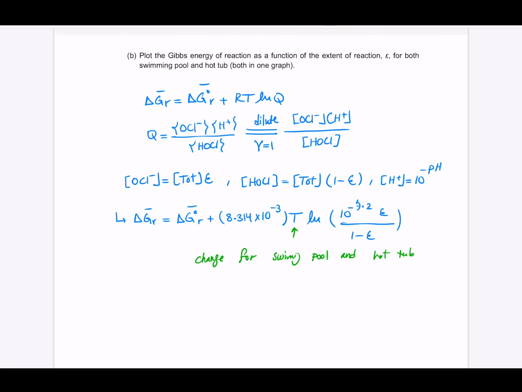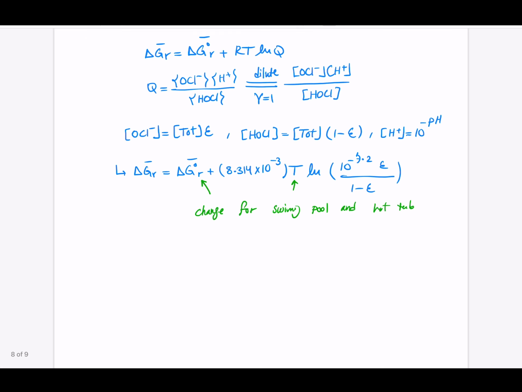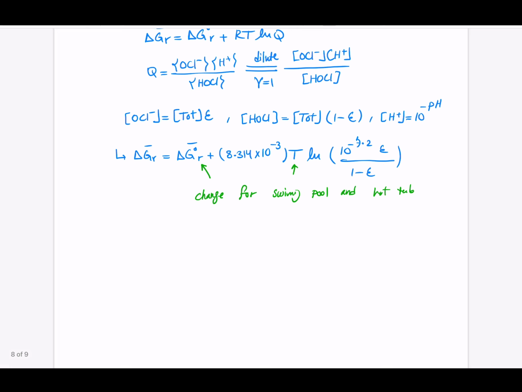Exactly. So delta G also is different for the swimming pool, as we talked about. So we need to write down the same equation for swimming pool and hot tub. The only things that are changing are the T and delta G. So we need delta G of reaction at 25, which is the swimming pool.